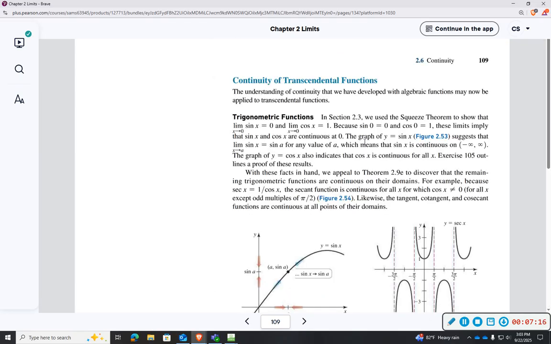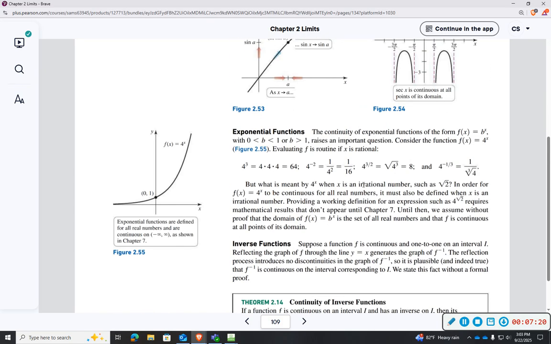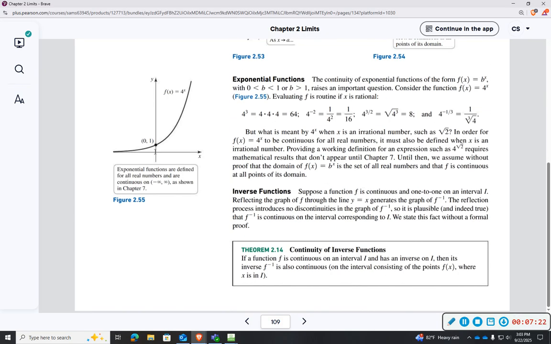And then we talk about transcendental functions, or trig functions, exponential, inverse. You get to see some of those same properties being applied. Continuity of an inverse function: if f is a function continuous on an interval I and has an inverse on I, then its inverse, f inverse, is also continuous on the interval consisting of the points f of x, where x is in the interval I. So that's just a definition.